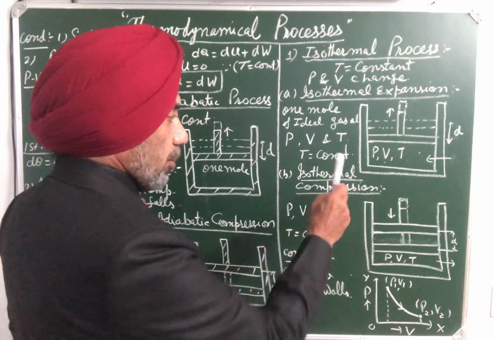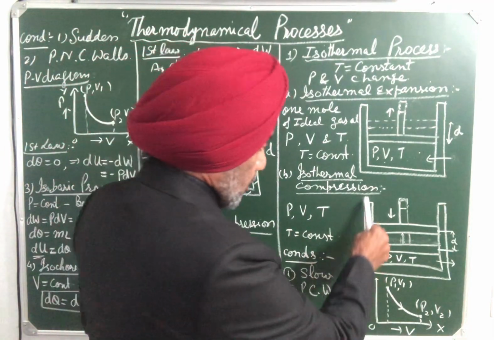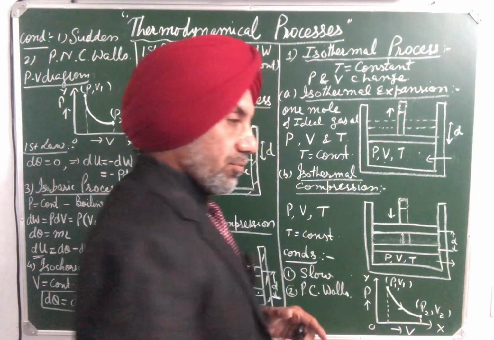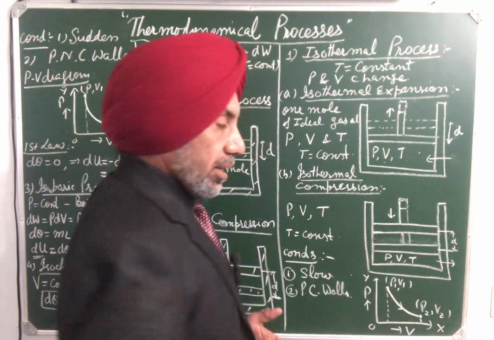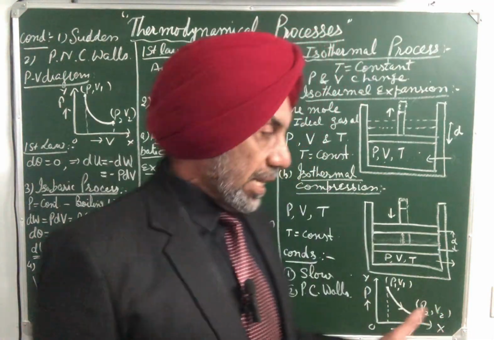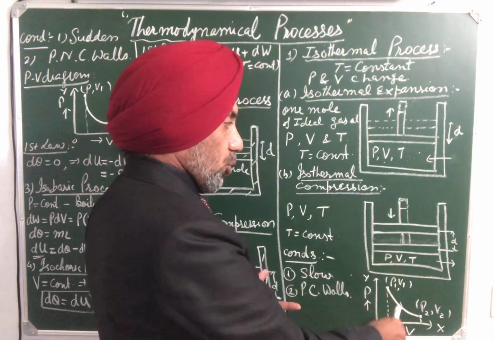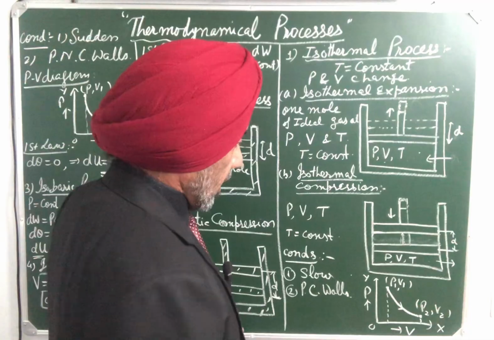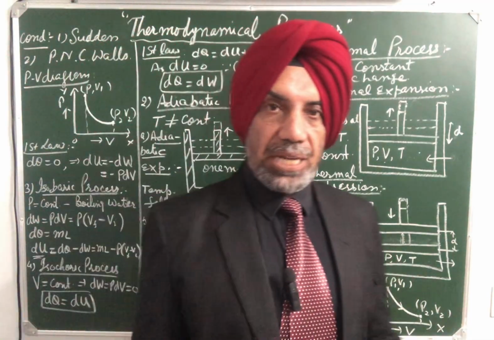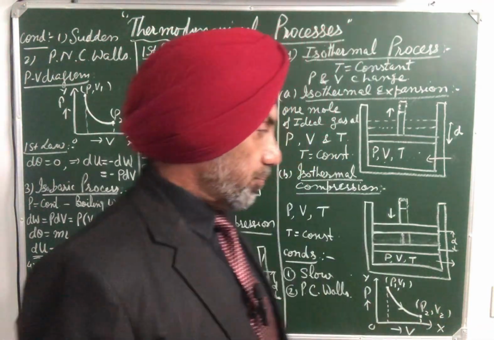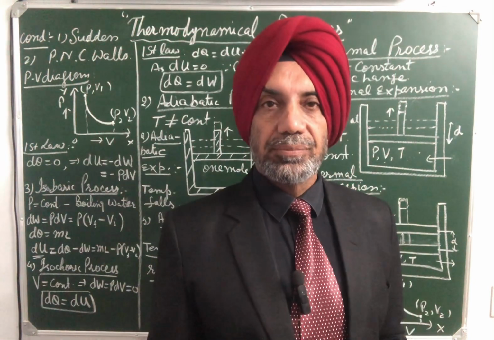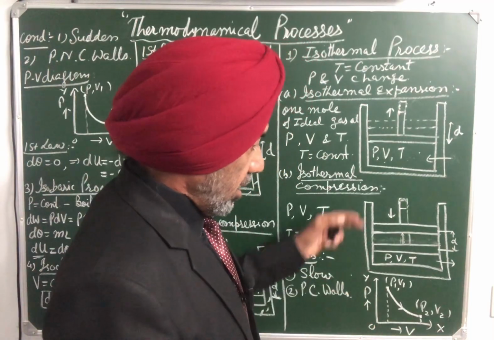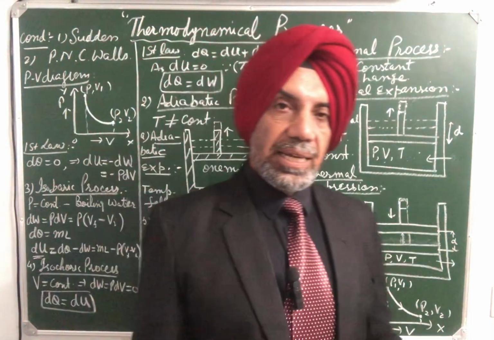Then isothermal compression. Again, suppose we have a cylinder having perfectly conducting walls fitted with a perfectly conducting, frictionless piston, so that it can move up and down freely without friction, containing 1 mole of ideal gas, pressure P, volume V, temperature T. Now what happens when the gas is compressed slowly? Then the volume of the gas decreases.